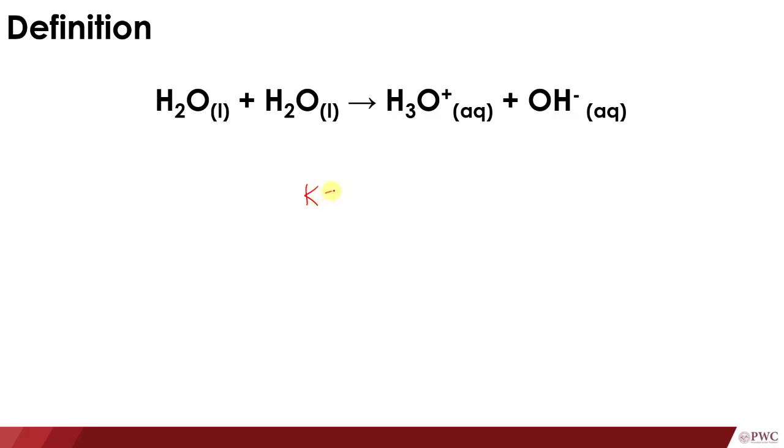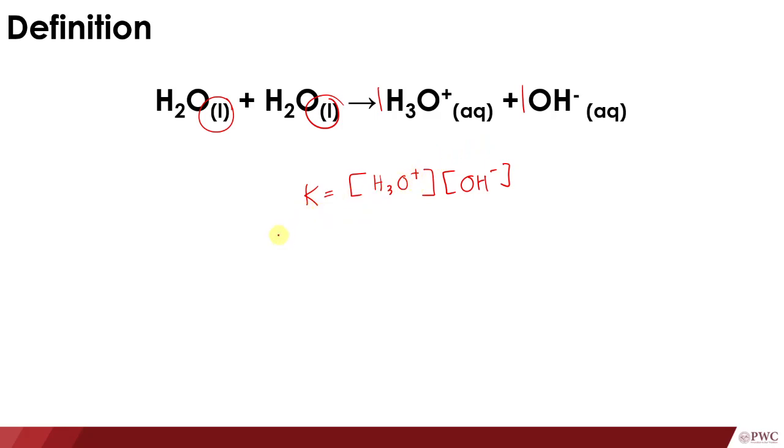K is equal to the concentration of the products: the concentration of H3O+, the hydronium ion, raised to the power of 1, times the molar concentration of OH-, also raised to the power of 1, over the molar concentration of the reactants. But here, our reactants are liquids, and pure liquids and solids are not included in the equilibrium expression. So this is the equilibrium expression for this reaction.